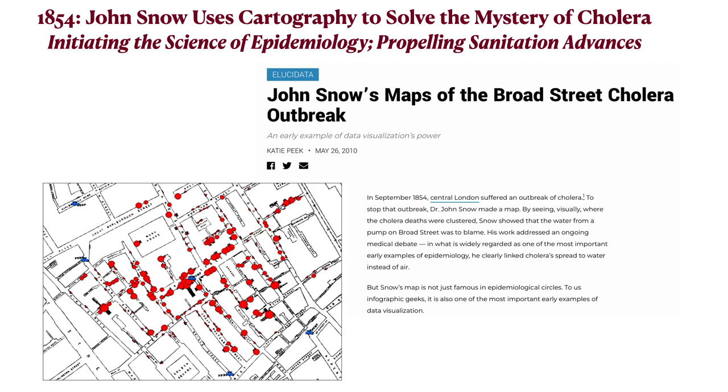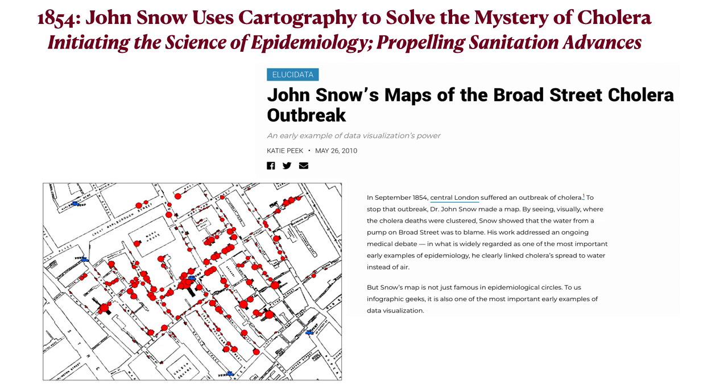I won't talk about cholera much more, but I do want to note that in 1854, John Snow, a British doctor, used cartography, map making, to basically solve the mystery of cholera. His very famous map shows a particular cholera epidemic that hit Britain.